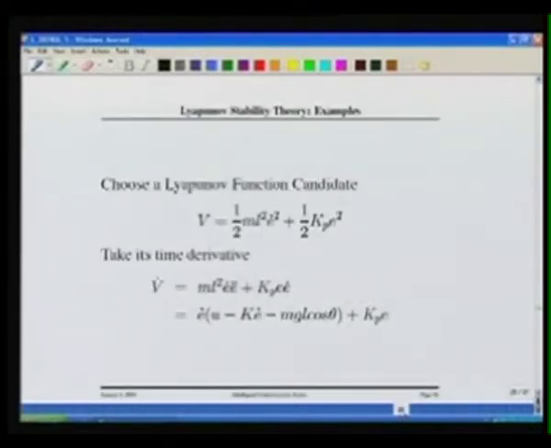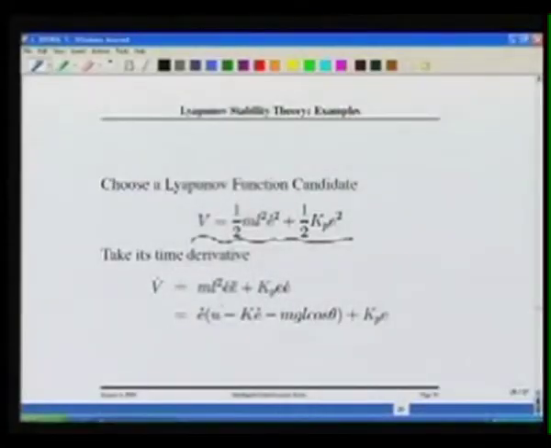Now, for this error dynamics, I define a Lyapunov function, which is half ml square E dot square plus half k p E square. As I said in the last class, these Lyapunov functions are proposed based on some experience. It is not exactly a science, it is just an art.